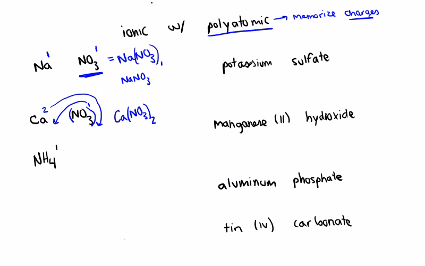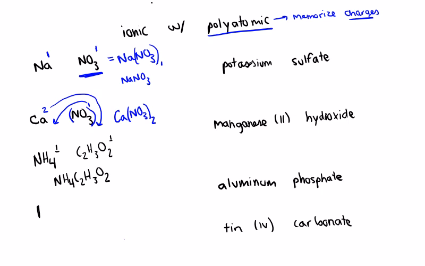What if we do acetate, C2H3O2, with a charge of negative 1? The 1 and 1 would cancel, so I would just write both of those pieces together. Again, I knew all of those formulas because I have them memorized.